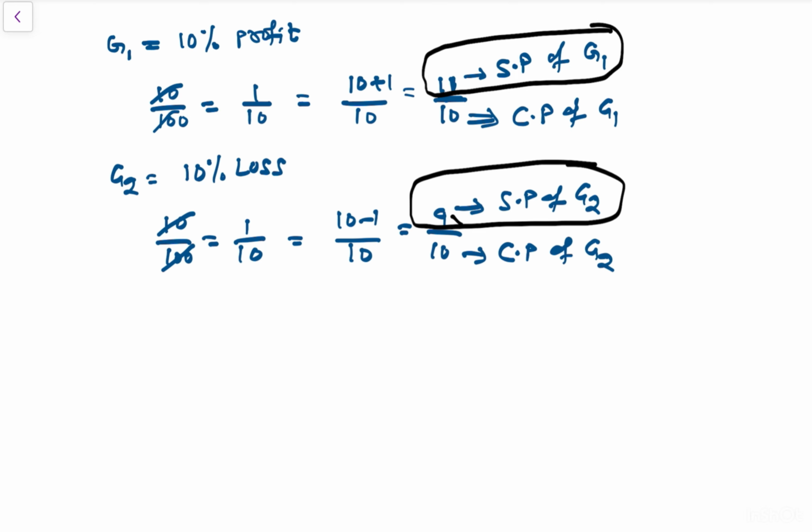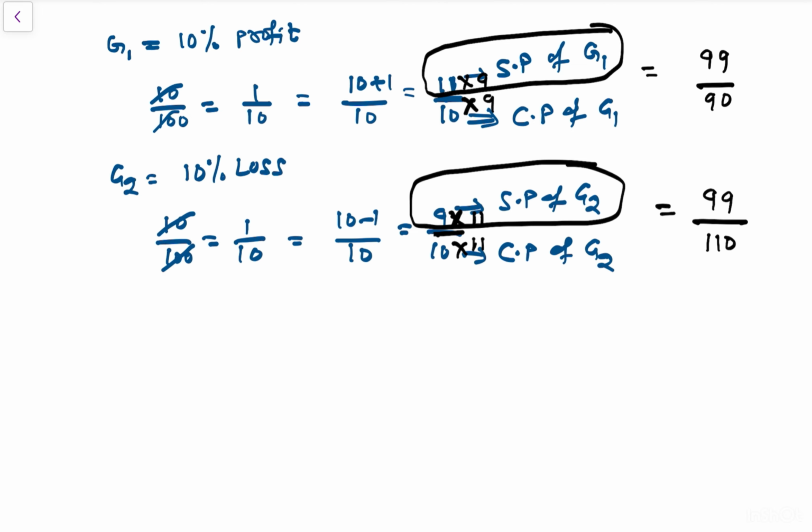To make it equal, we can multiply here with 9, so you get 99, and here multiply with 11, here also you get 99. Since we multiplied the top by 11, the bottom will also be multiplied by 11, so that is 110, and here also by 9, so that is 90.